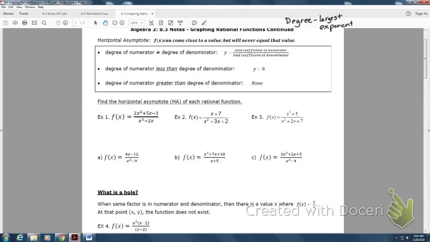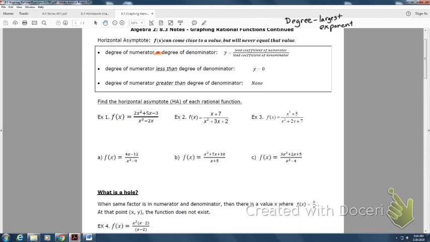So the first thing, if they are equal to each other, you're just going to divide the leading coefficient of the numerator by the leading coefficient of the denominator, and that is your horizontal asymptote. Okay?